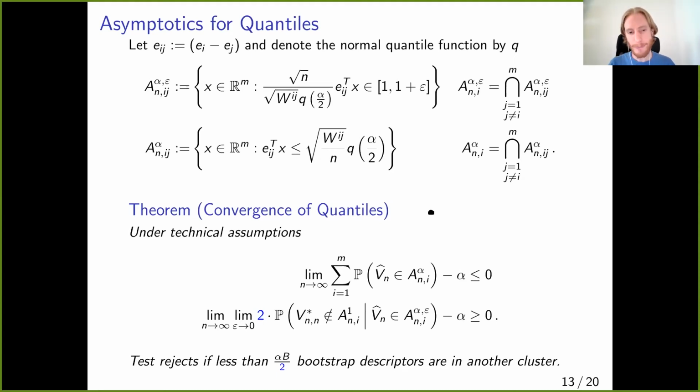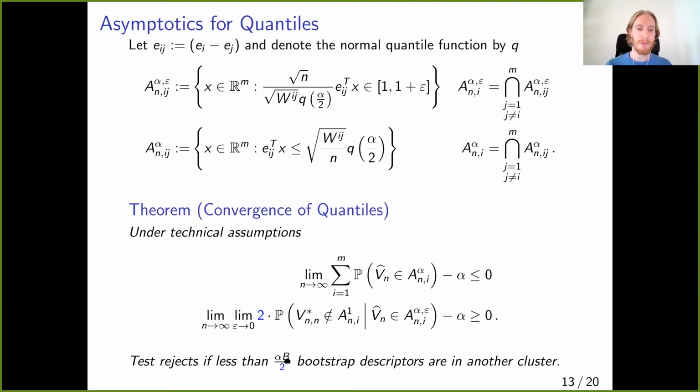Okay. And so from this result of the convergence of quantiles, we can derive our rejection region, namely our test rejects if less than alpha half times B bootstrap descriptors are in another cluster.